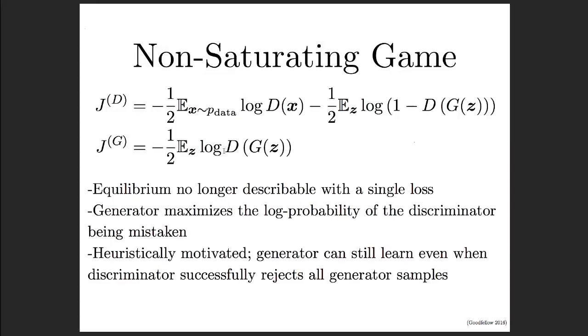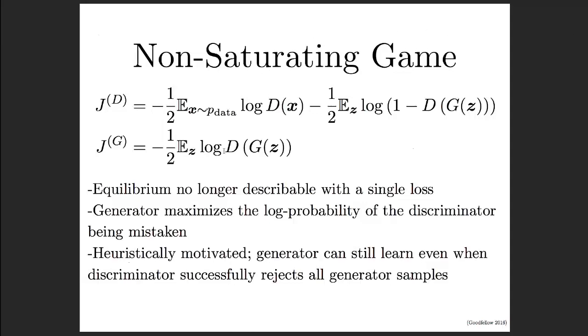Specifically, this means that rather than trying to minimize the log probability of the correct answer, we have the generator try to maximize the log probability of the wrong answer. Both of these cost functions are monotonically decreasing in the same direction, but they're steep in different places.